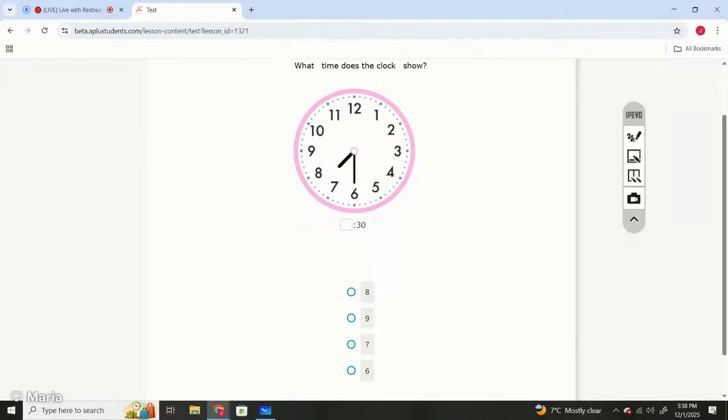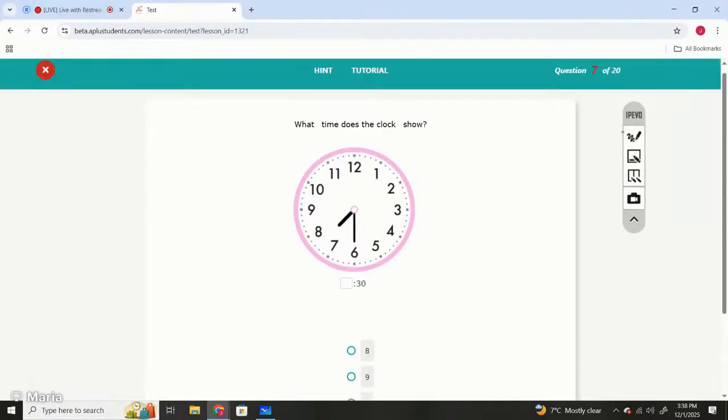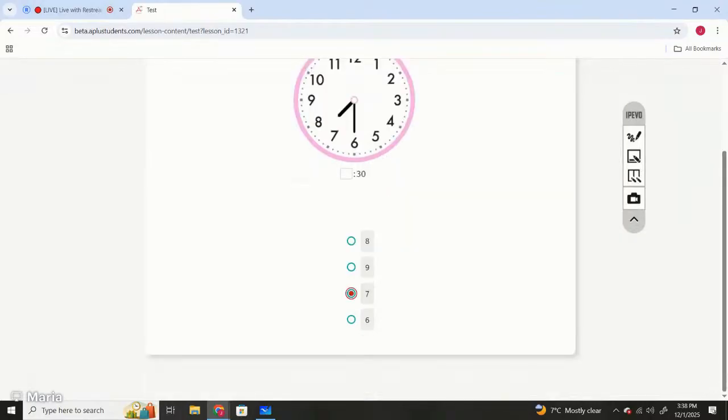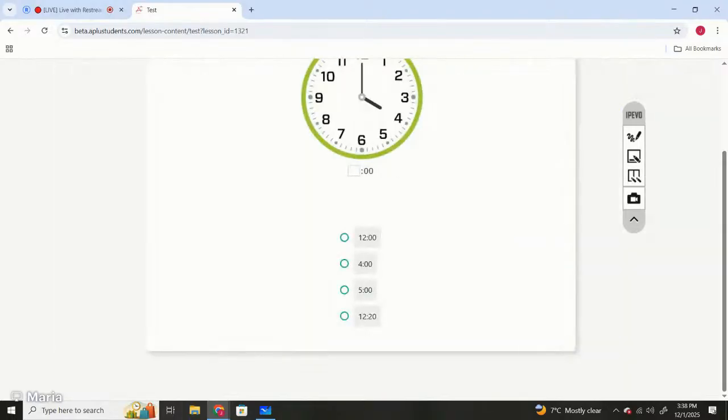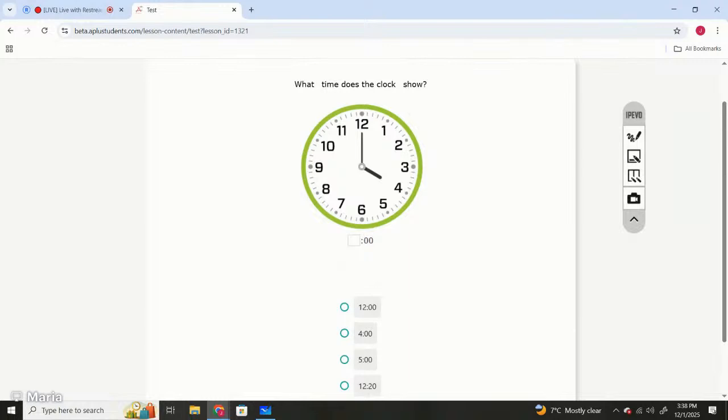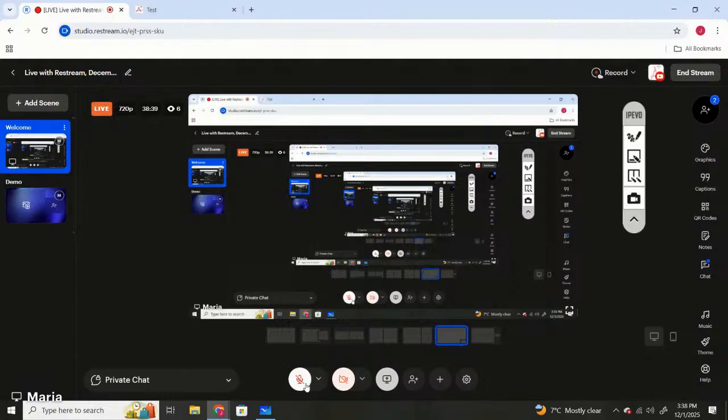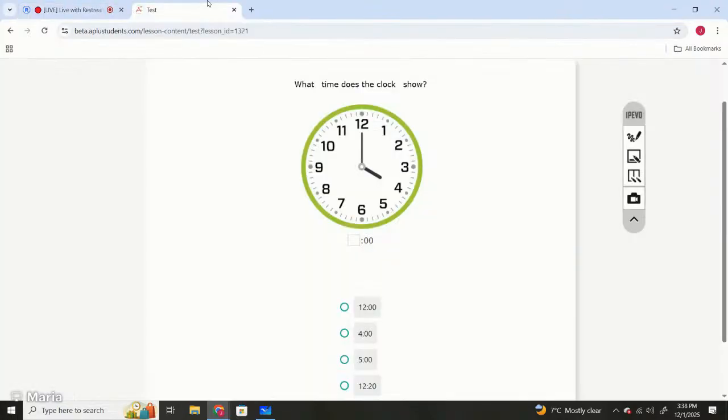What time does the clock show? Which is the correct option? That is, sorry, 7:30. The correct option is 7:30. What time does the clock show?